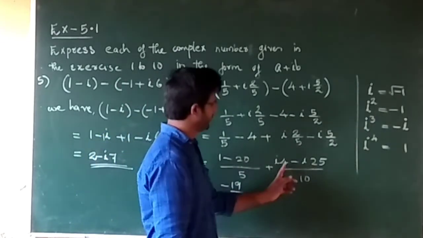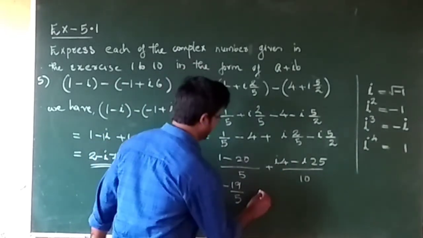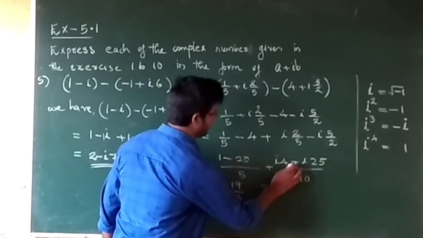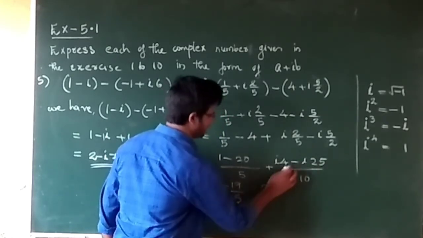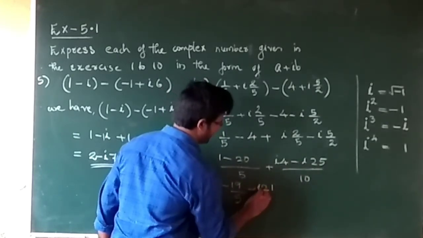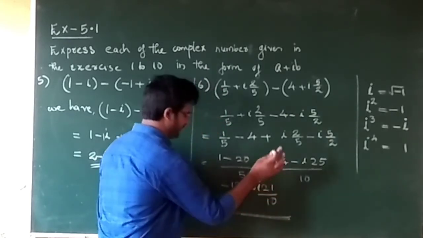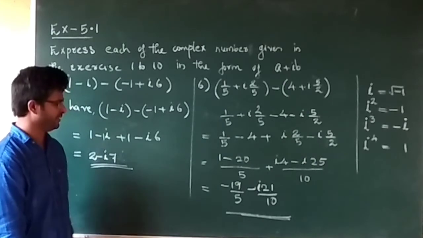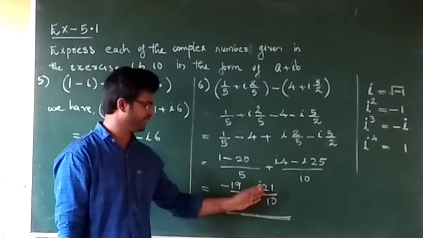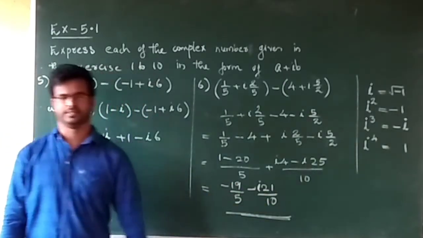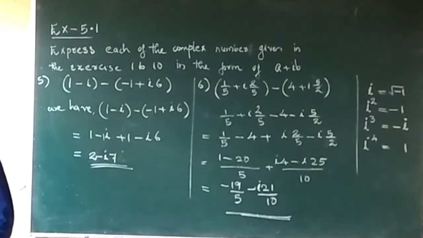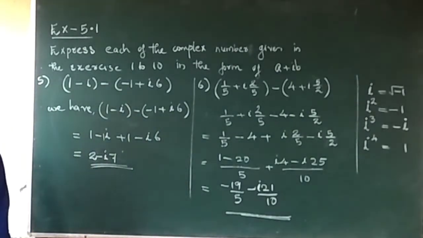And here 4 minus 25 will be 21. Since 25 is the bigger number, the sign is minus, we can write minus divided by 10. Our answer is minus 19 divided by 5 minus i 21 divided by 10. Just pause the video, write it down in your notebook.